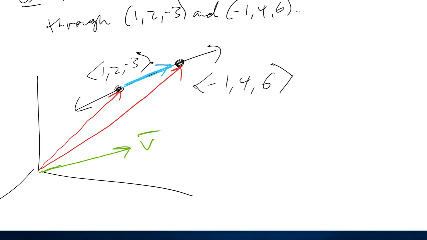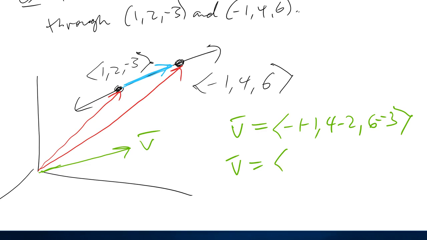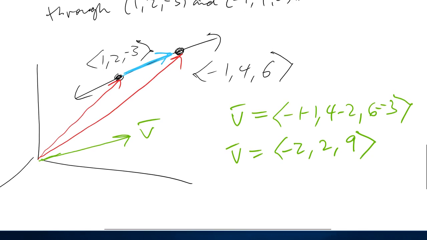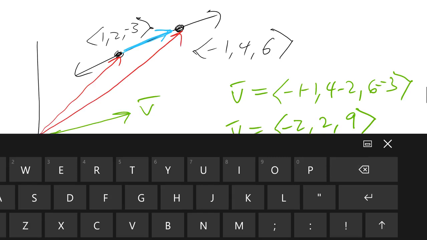We'll call that v. So v will be the difference of these two. So it'll be -1 minus 1, 4 minus 2, and 6 minus 3. Okay. So then v is (-2, 2, 9). Like that.